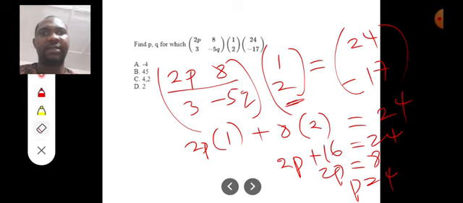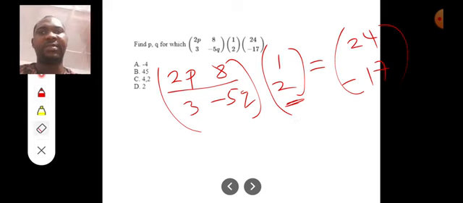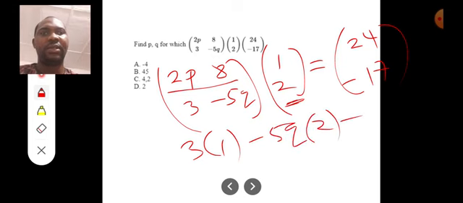Now let me find q. To find q, I'll multiply the second row of the first matrix with the column of the second matrix. That means 3 times 1, then minus 5q times 2, equal to, on the right hand side, minus 17.